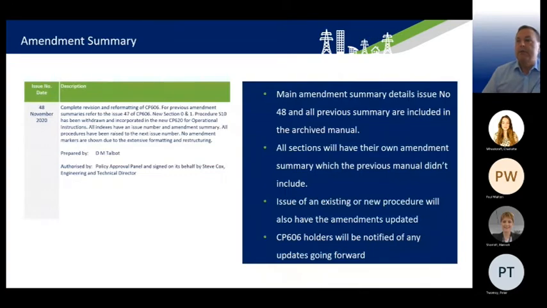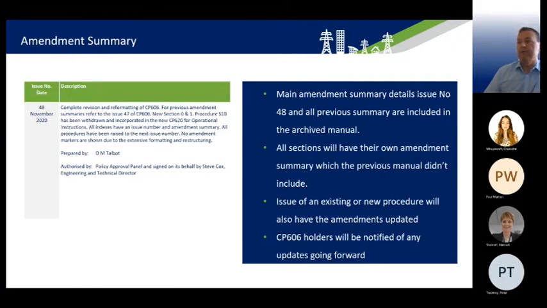So the amendment summary for the new manual starts at Amendment 48. So anything prior to that will be archived in the old manuals. The previous sections didn't have an amendment summary. So all the sections now, such as section A, B, etc., will all have their own amendment summary as well as a main amendment summary.